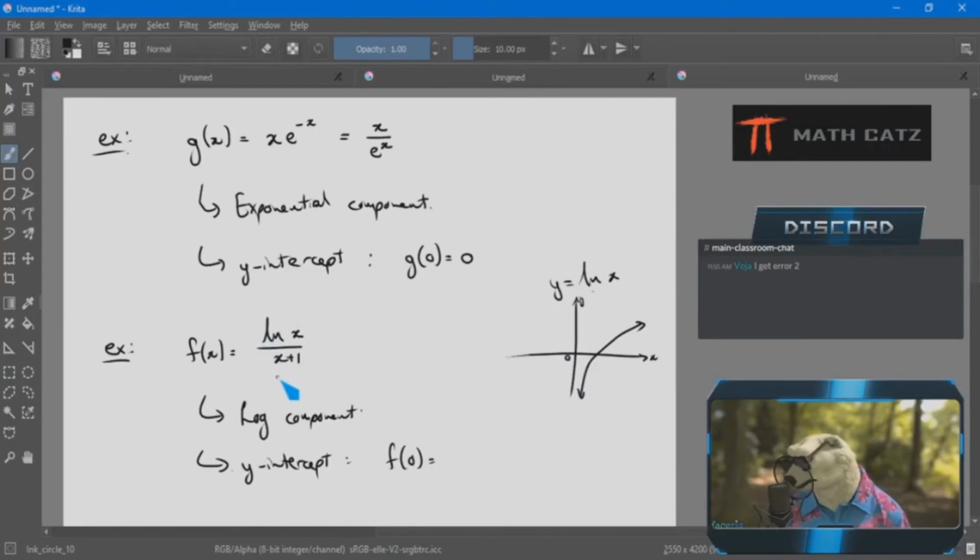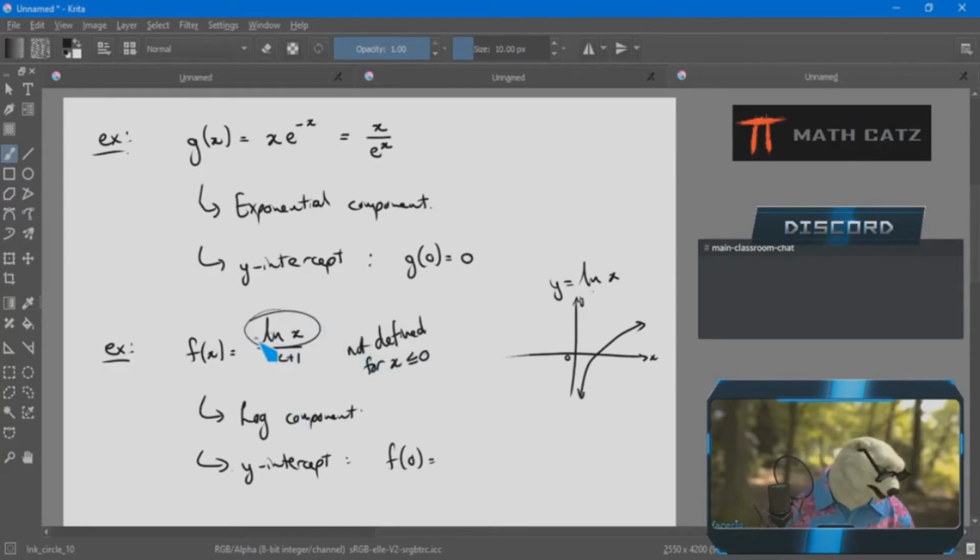I was dividing by 0, giving me that error. But also the presence of the log component is going to eliminate all 0 and negative x values. I just can't plug them in anymore. Not defined for x less than or equal to 0 because of the mere presence of the log. It changes the function completely.